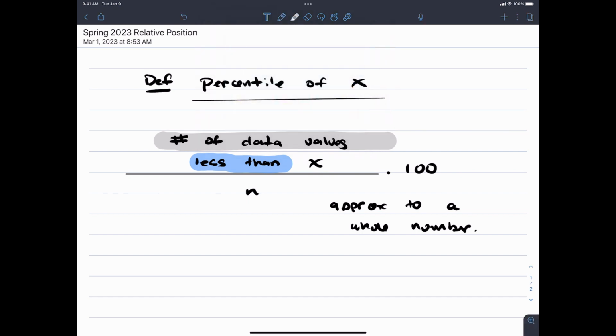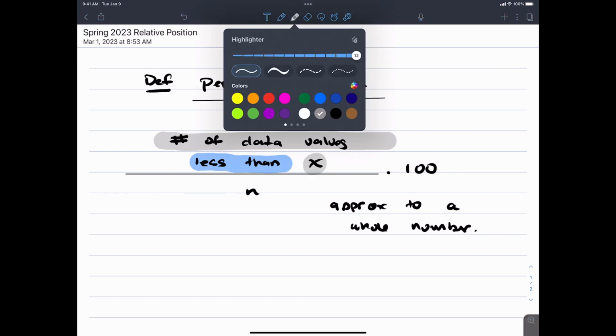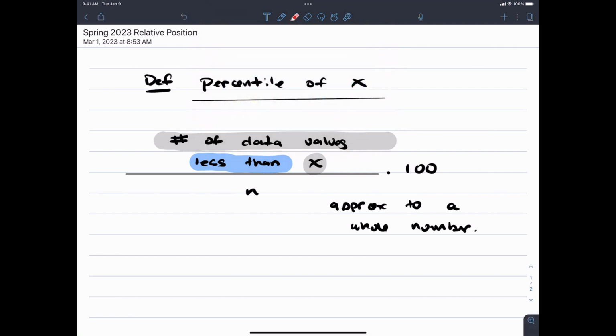Smaller than some data value. So it's the number of data values smaller than X, divided by N, times 100. This is how we go about this. You guys okay with that one?